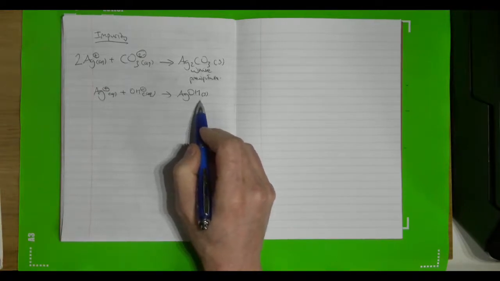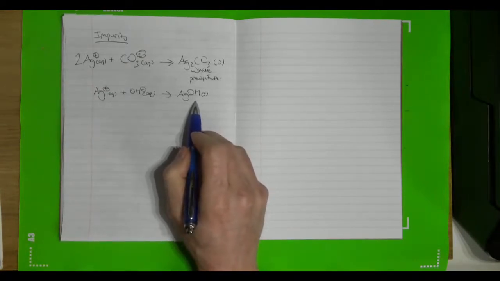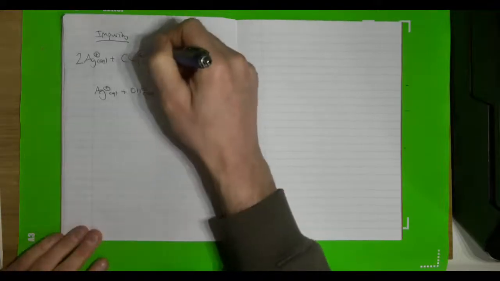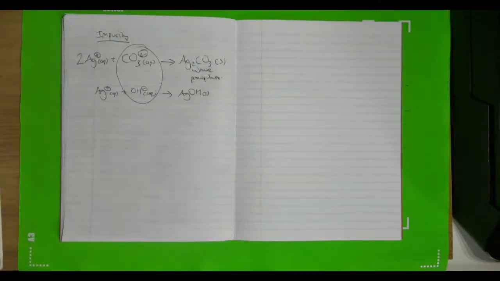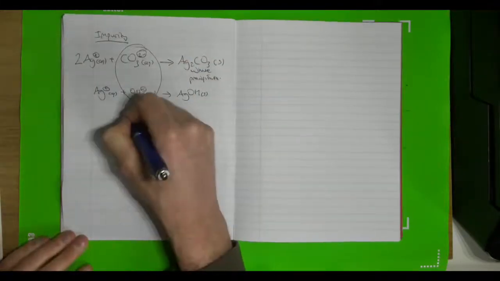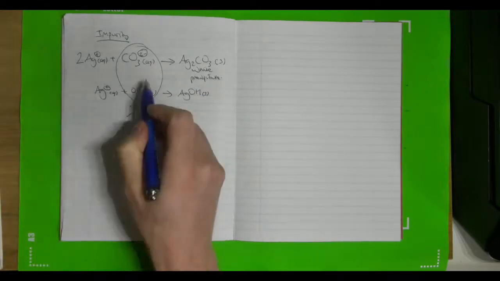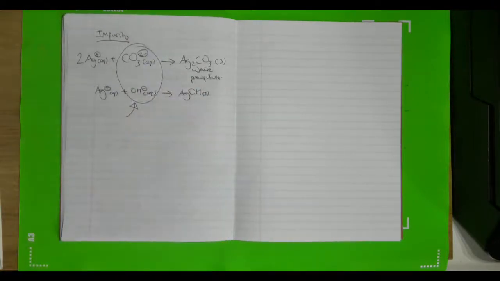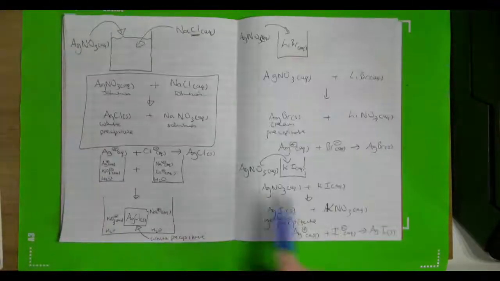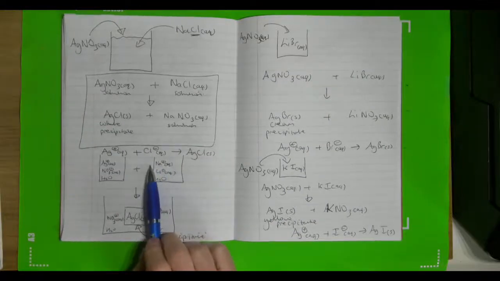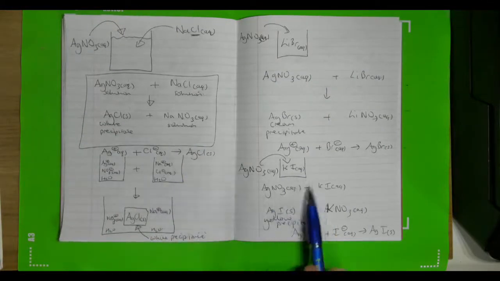So what we need to do is add something to react away these impurities before we do the chemical test. That something needs to be able to react away these, but not react away our halide ions, so chloride, iodide, and bromide.